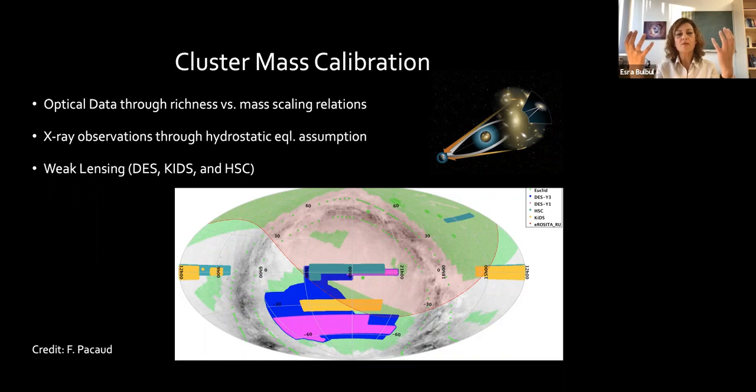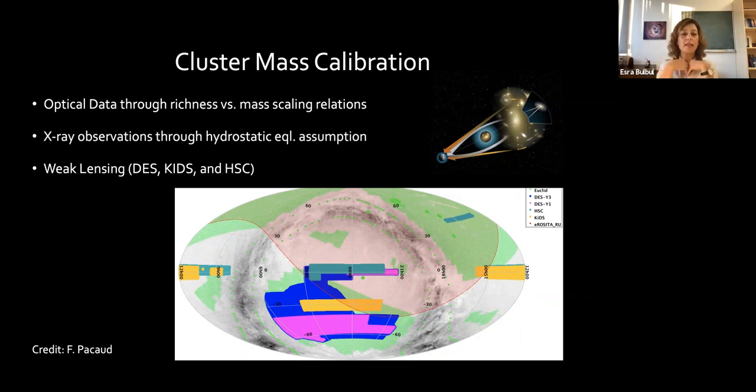That means we need to know the mass of each cluster in our sample that we detect. There are various ways of doing that. We could use optical data, but we don't have homogeneous coverage in our sky. And also optical richness is not a good proxy for mass. There's a large scatter, so it's really not good enough for us.